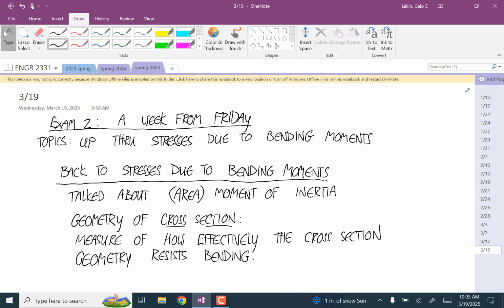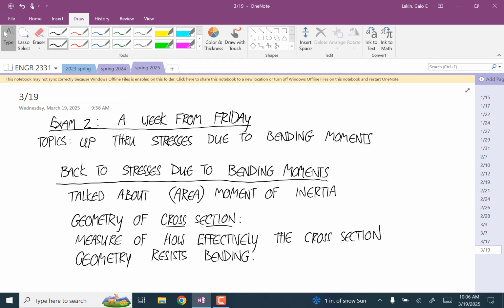And so for the same amount of material, if you use that material making it taller, you get something that's much more effective at resisting bending. If you use all that material making it wider and you don't make it taller, you have a cross section that's much less effective at resisting bending.